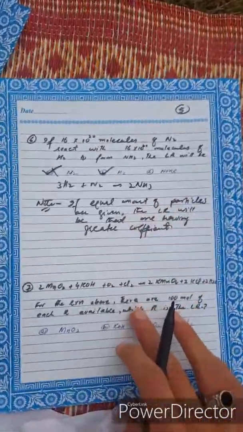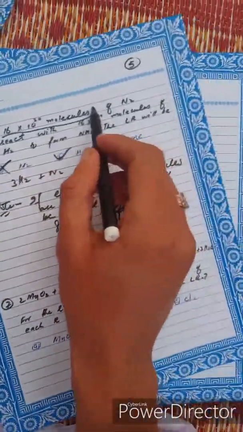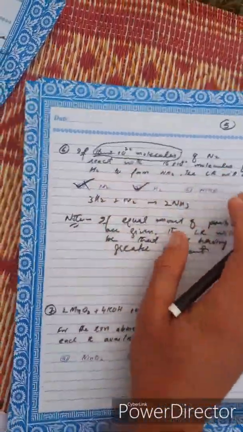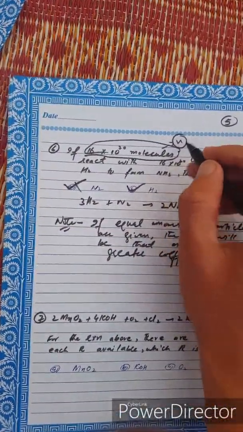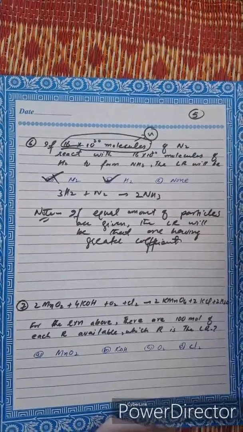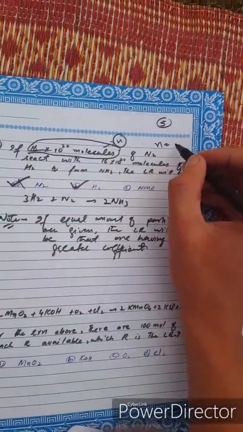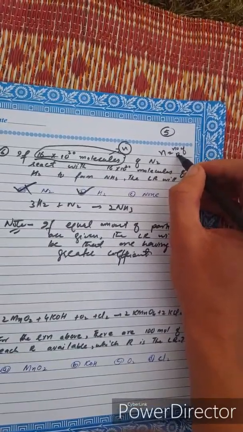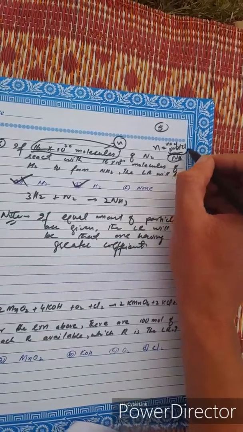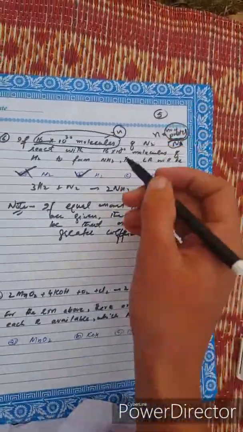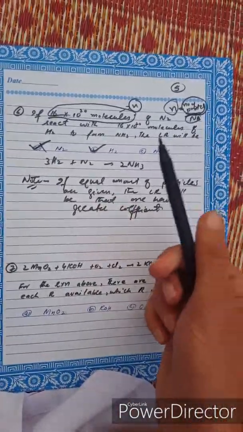So hydrogen is the limiting reagent. And the logic behind this is, if we convert it into moles, it will give us the same number of moles, because we know that mole is equal to number of particles divided by Avogadro's number. This is constant, and if the number of particles is the same, then obviously the number of moles of both reactants will be the same. So that's the logic behind it.